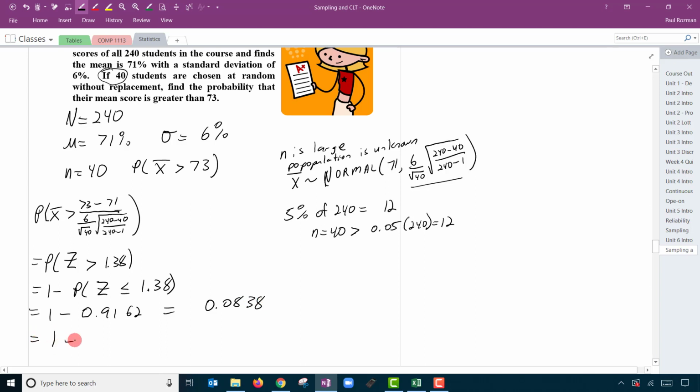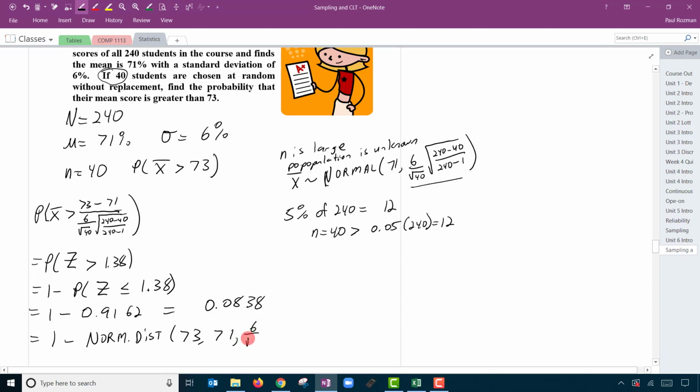If you're an Excel person, you'd say 1 minus norm.dist. And you can just use the values, 73, 71. But then for the standard deviation, you have to put this corrected standard error.